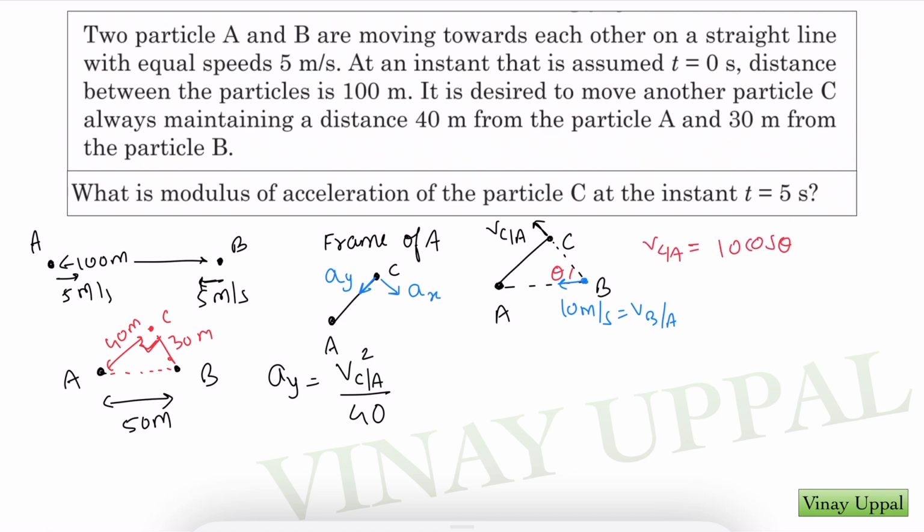The components of C and B along the line joining BC should be the same. Only then the distance BC will be a constant. Now cos theta is very straightforward from this triangle, which is 3 by 5. So this will be 36 by 40, 9 by 10 meter per second squared.